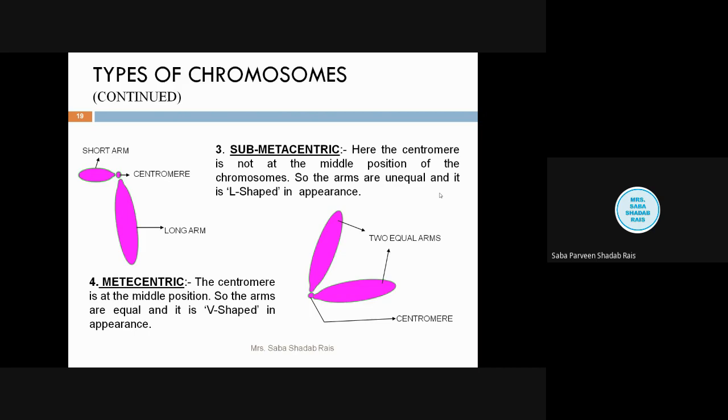Understood? Now, the last type is your metacentric. In the case of the metacentric chromosome, the centromere will be present exactly at the middle position. So that is going to generate two equal arms, and at the time of the anaphase, it is going to show the V shape.